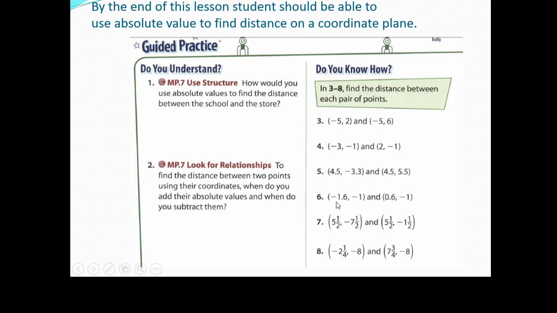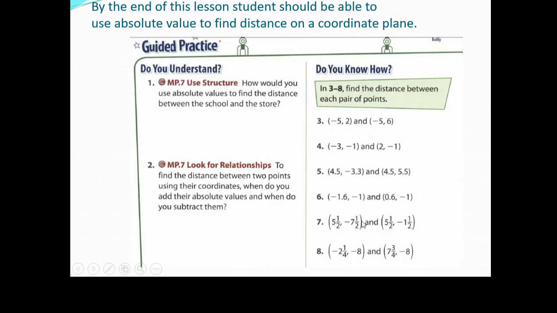The x represents the distance from the y-axis. This is on the right and this is on the left. We want to add the absolute values of them because I want to add the distances. So 1.6 plus 0.6 equals 2.2.